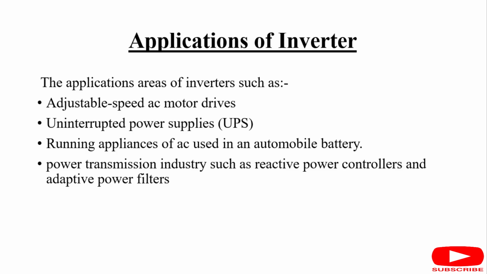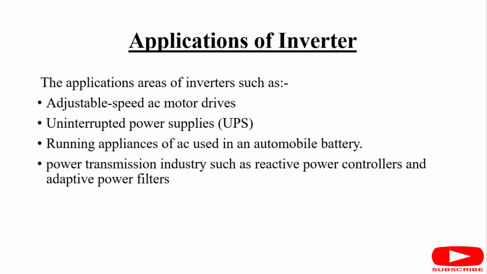Let us move on to the applications of the inverter. The application areas of the inverter include adjustable speed AC motor drives. It is very useful for controlling the speed of an AC motor, like a single phase induction motor, three phase induction motor, etc. Second is uninterrupted power supply; without any interruption it can deliver the power.